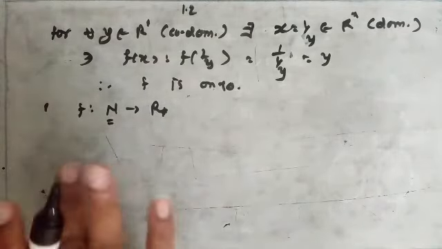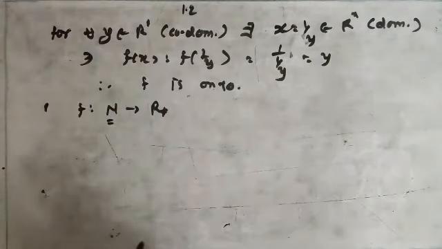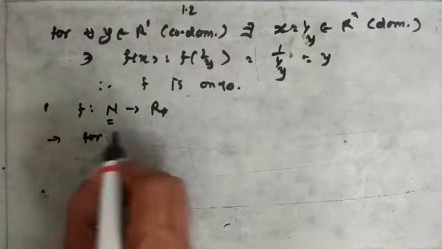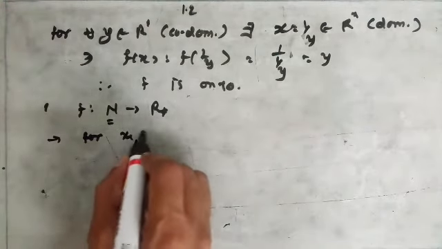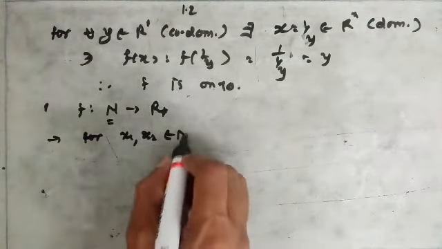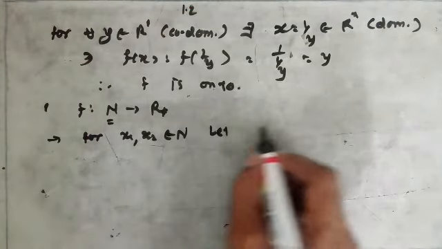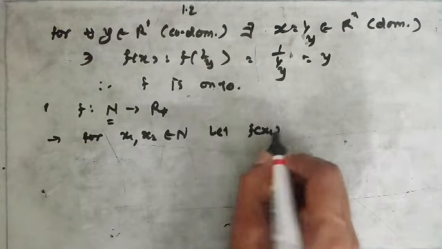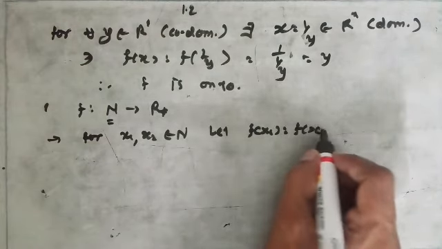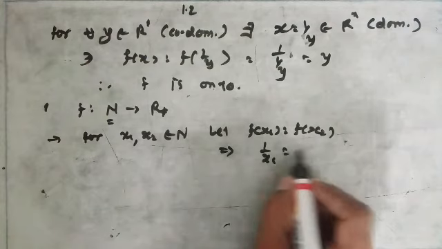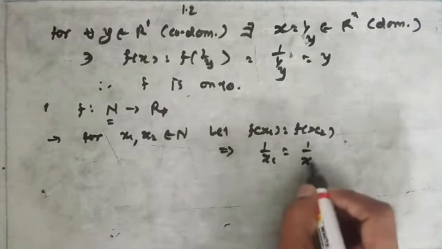and the codomain remains the same. In this case, the given function is one-one. Here for x1, x2 belongs to N, natural numbers, let f(x1) is equal to f(x2). This implies f(x1) is 1 upon x1, f(x2) is 1 upon x2.